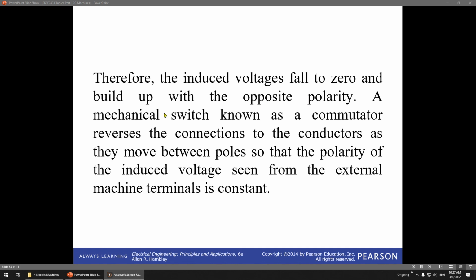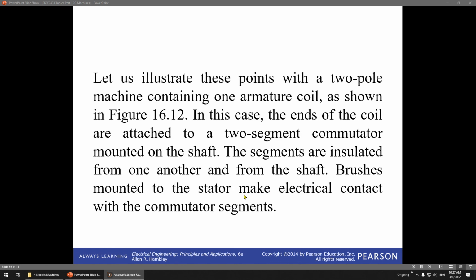A mechanical switch known as a commutator reverses the connection to the conductors as they move between poles, so that the polarity of the induced voltage seen from the external machine is constant. Let us illustrate this point with a two-pole machine containing one armature coil, as shown in figure 16.12.